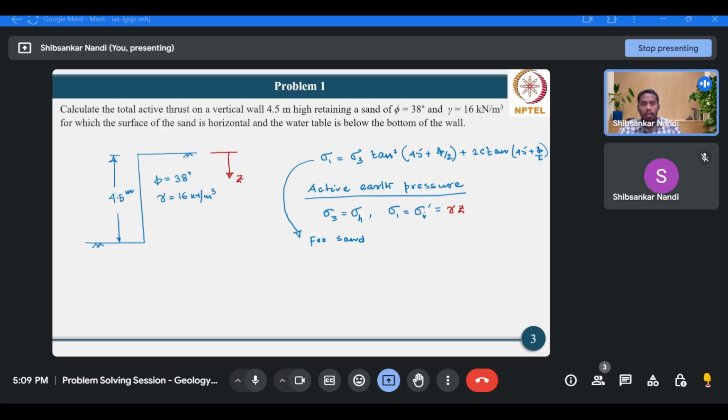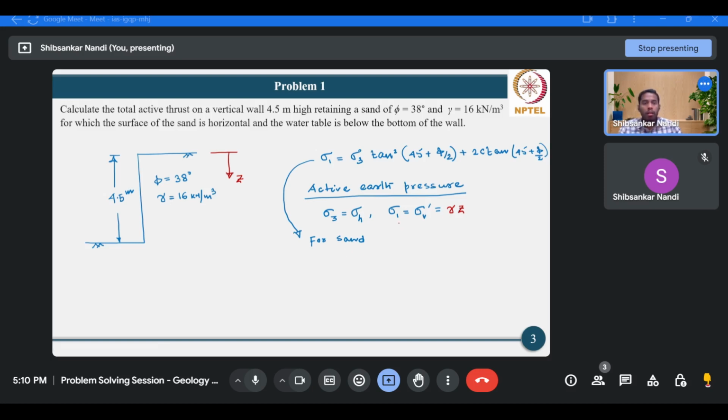For this case, since the sand is completely dry, whatever unit weight is given in this problem will be the submerged unit weight. Otherwise, you have to take the difference between saturated unit weight and the unit weight of water to get the submerged unit weight of the backfill material.